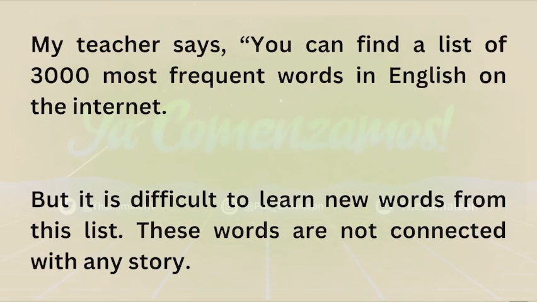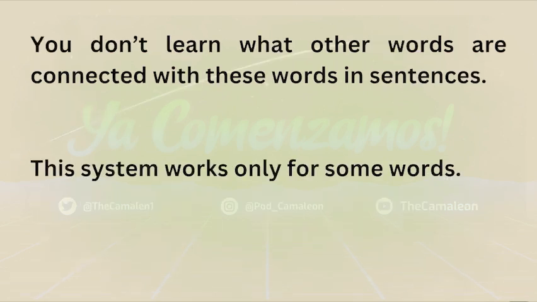My teacher says, "You can find a list of 3,000 most frequent words in English on the internet. But it is difficult to learn new words from this list. These words are not connected with any story. You don't learn what other words are connected with these words in sentences. This system works only for some words.